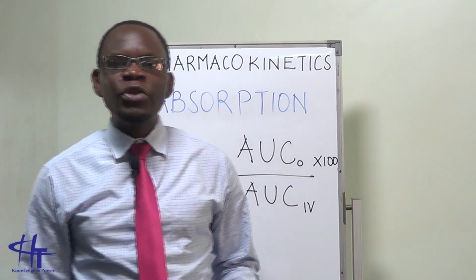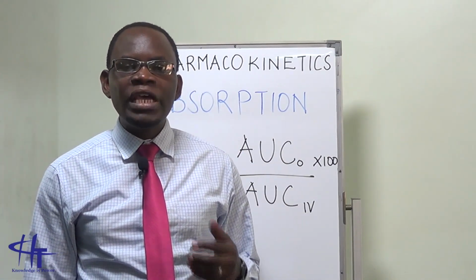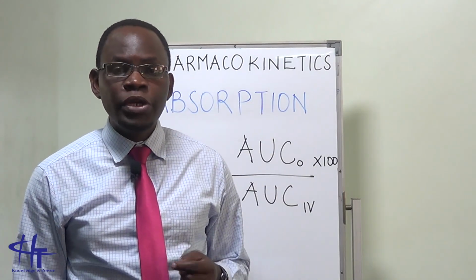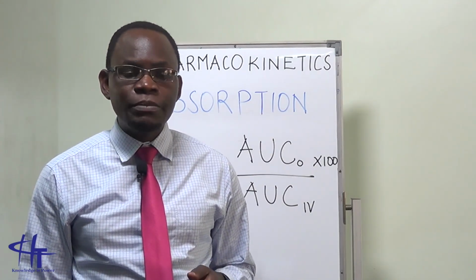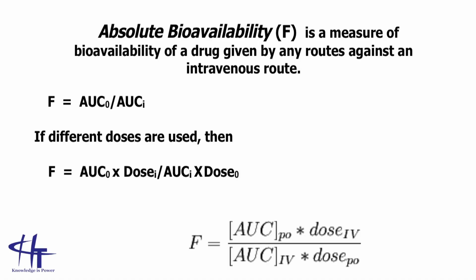What makes it absolute is that we are comparing it against the intravenous route, which we know has a bioavailability of 100%. And then if you have given different doses, then you ought to multiply by the different doses, as you can see in that formula there.